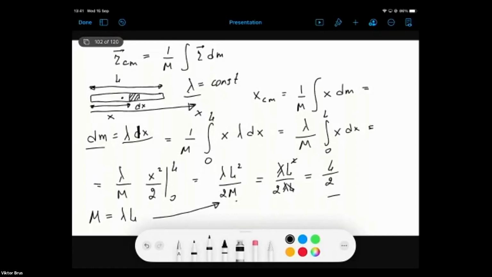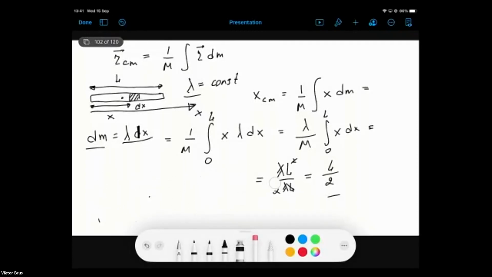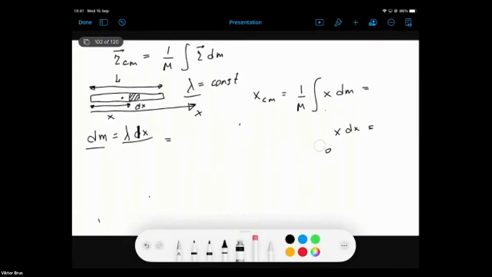So let us now consider another situation when, let me delete all this, when we have not uniform distribution of linear density. So it is some function of x.